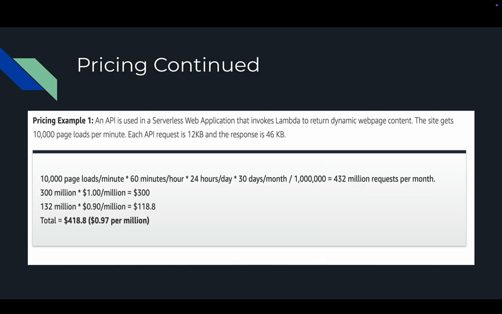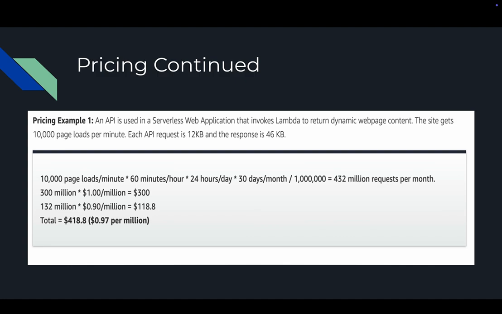And here's the example. Let's say an API is a serverless web application that is invoking Lambda to return a dynamic web page. You're getting 10,000 page loads per minute. Each API request is 12 kilobytes and the response is 46 kilobytes. You take 10,000 page loads per minute, 24 hours a day, 30 days a month, and you get 432 million requests per month.